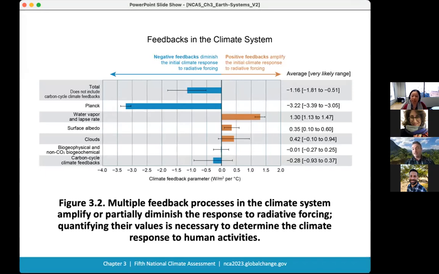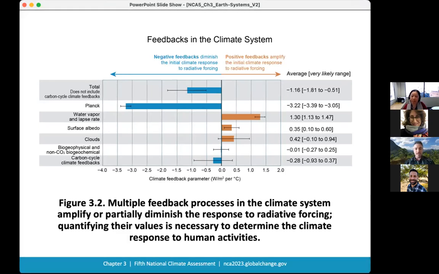So negative feedback in general is just something that when you have some perturbation or some forcing that's acting on a system, feedback is then a response in another part of that system that can either amplify or dampen the initial forcing. So negative feedbacks would result in less net warming overall. Positive feedbacks would result in more net warming overall.